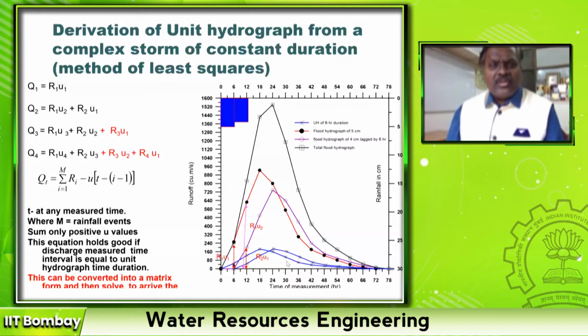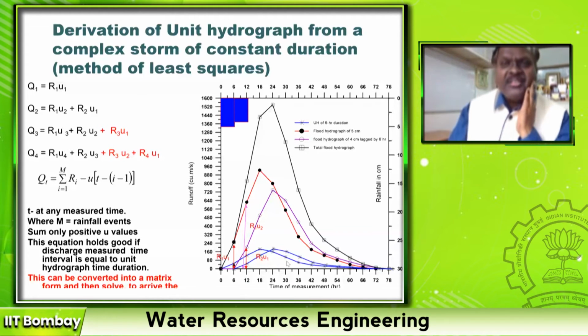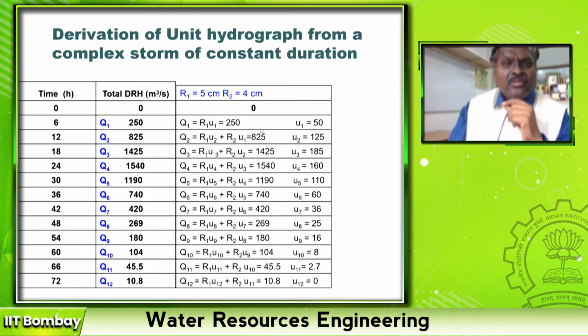So this can be converted into a matrix also, and then solved, right? It is a lower triangular matrix. Please convert this and then check. Now I have given an example: derive a unit hydrograph from a complex storm of 5 centimeters and 4 centimeters. The first discharge is due to R1 U1. In the first equation I am estimating the value of U1.